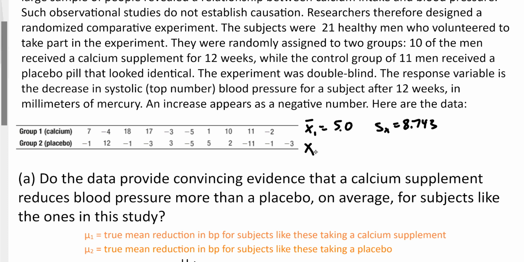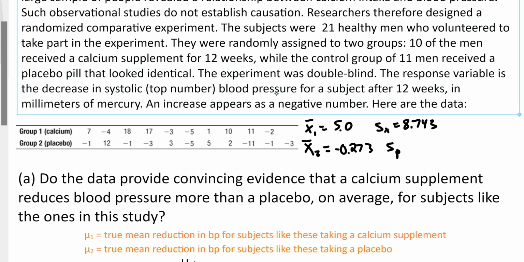For our second group, the average was negative 0.273 and a standard deviation of 5.901.